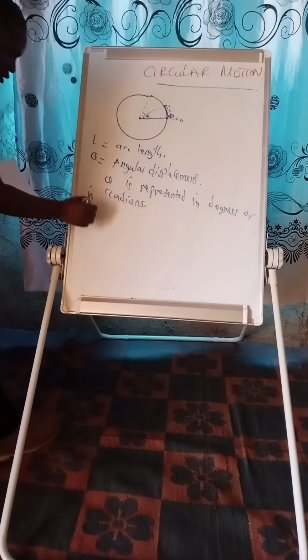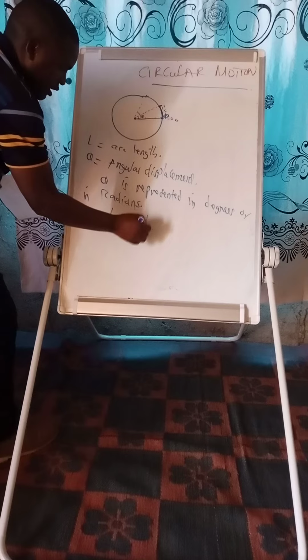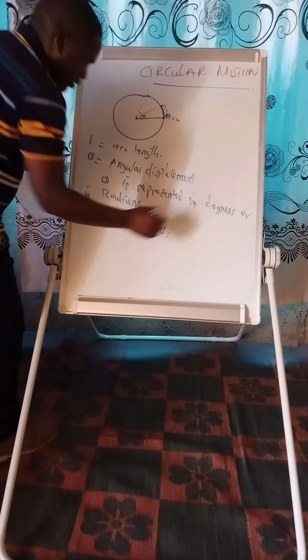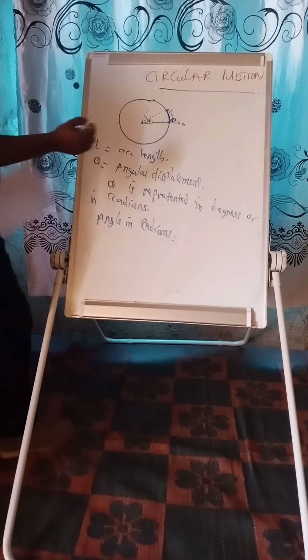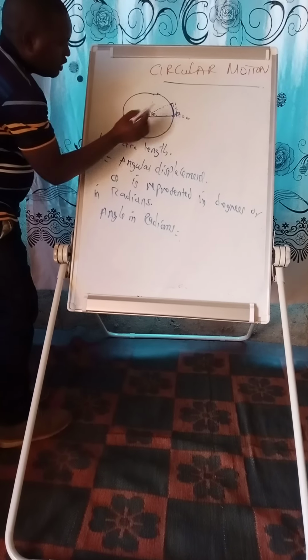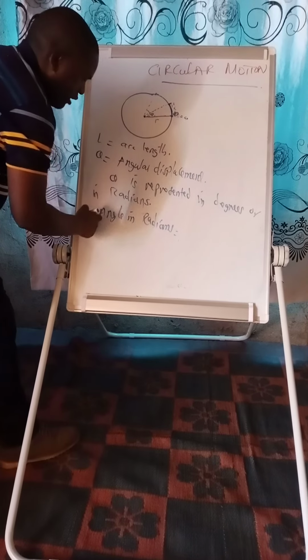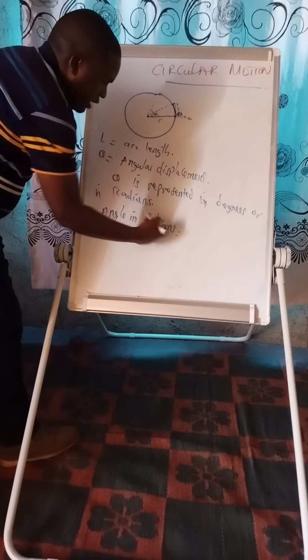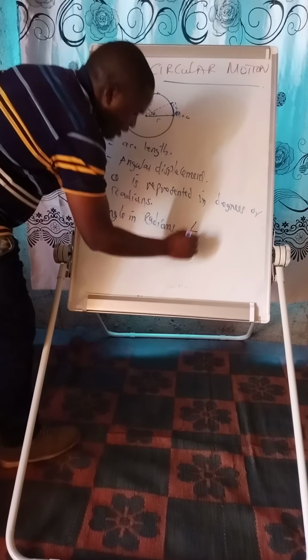So angle in radians, let us see how we can find angle in radians. Remember, from this body to the center, this is the radius. So angle theta in radians is given by length of an arc over radius.